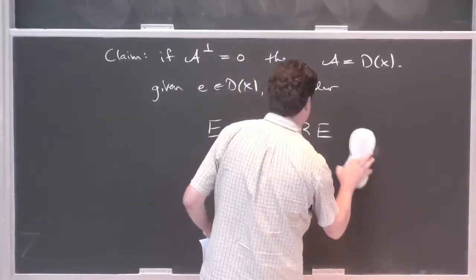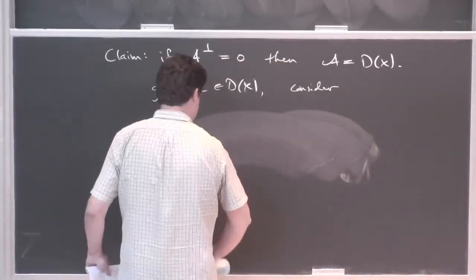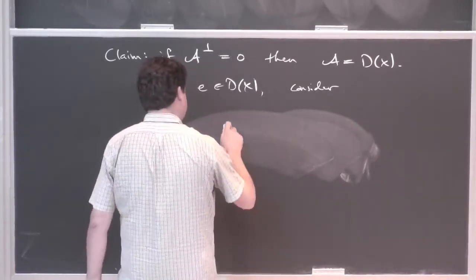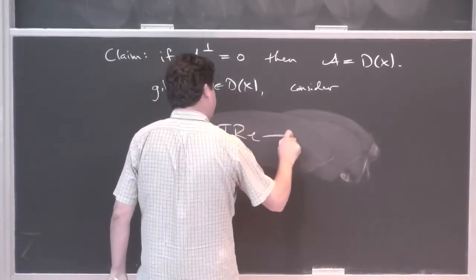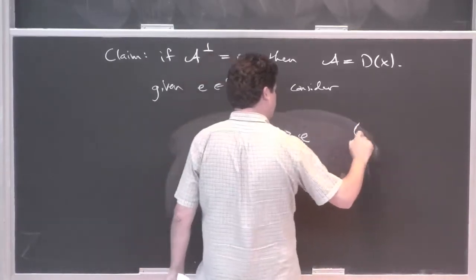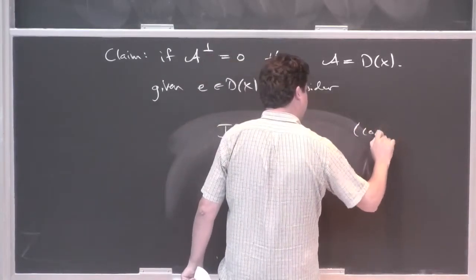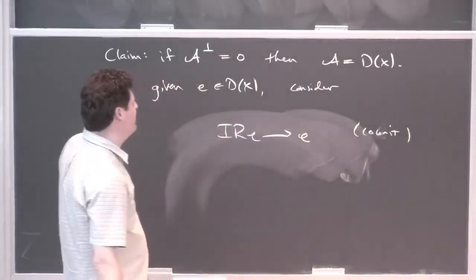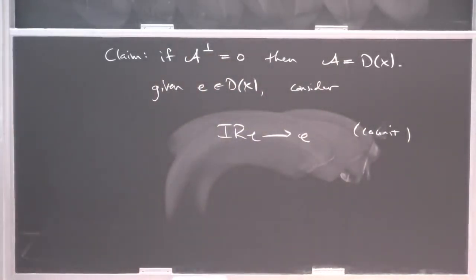Oh, sorry. This should be a little e, first of all. Let's see. So this is the co-unit. Right, we can see it right there. There's a natural map from IRE to E.